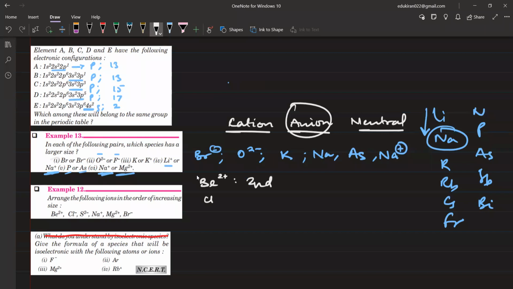And chlorine. Fluorine and then chlorine, so it is going to be third period. Sulfur 2 negative. Sulfur is in which period? Third only, right? Sodium.